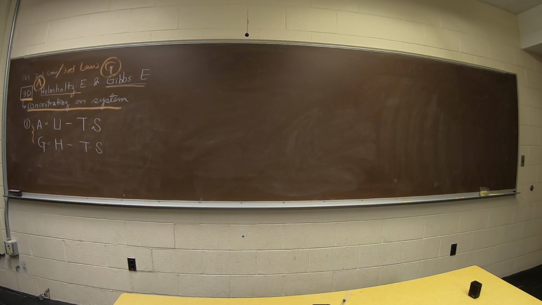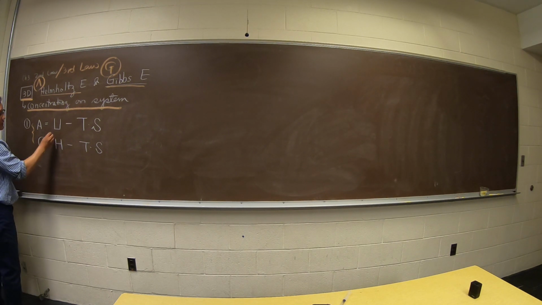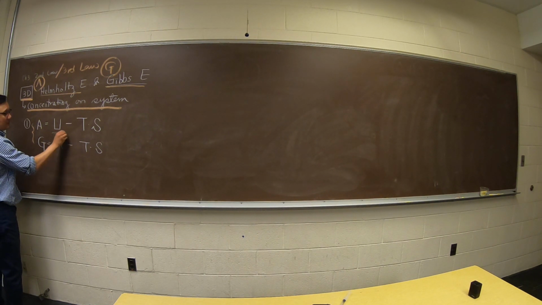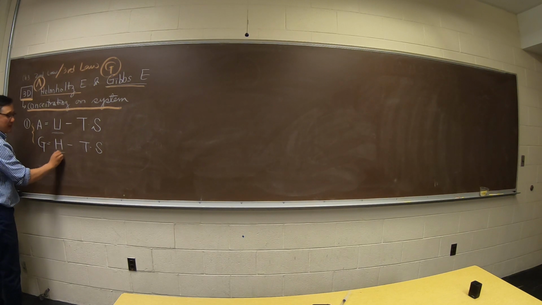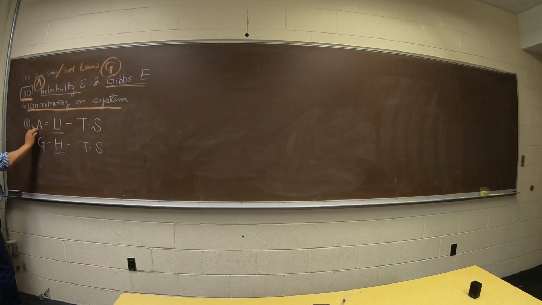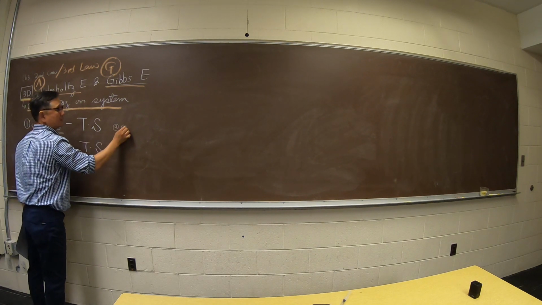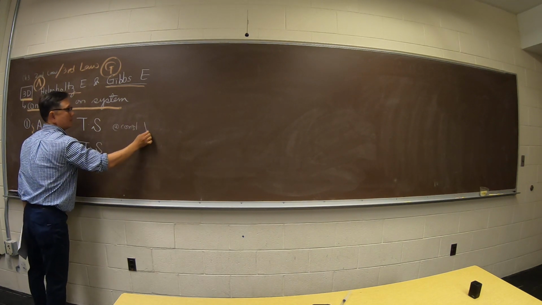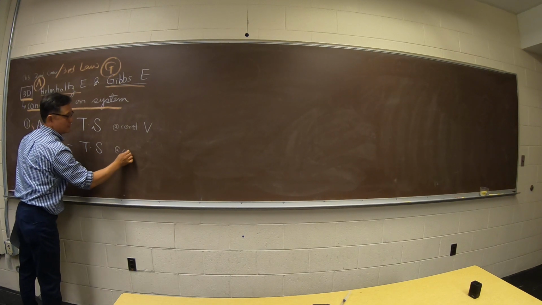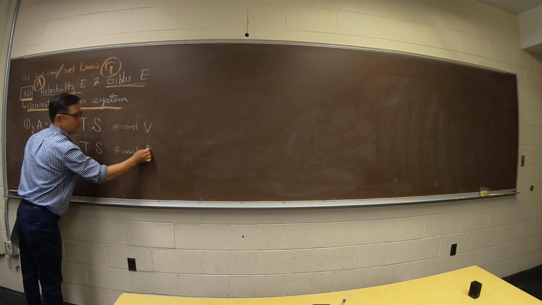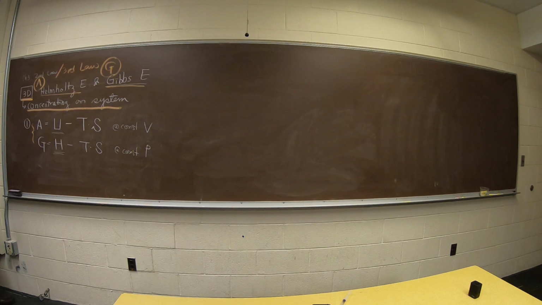There will be a much more useful form of these, but this is the definition as it is. Now, as you can see here, this is an internal energy, this is an enthalpy, right? So this is a more useful description under constant volume. This is under constant pressure. And so that's why, finally, this one is much more relevant for more practical situations.